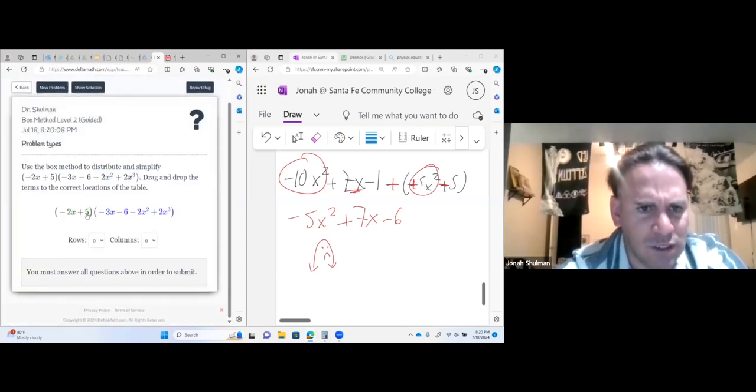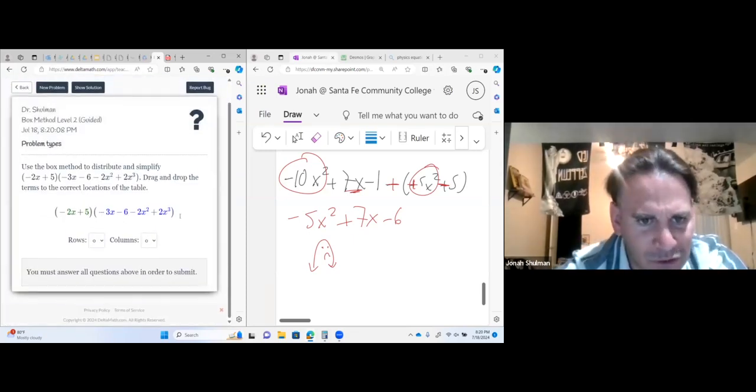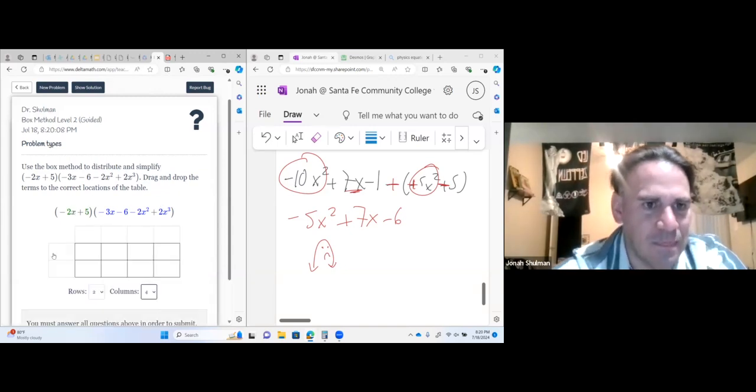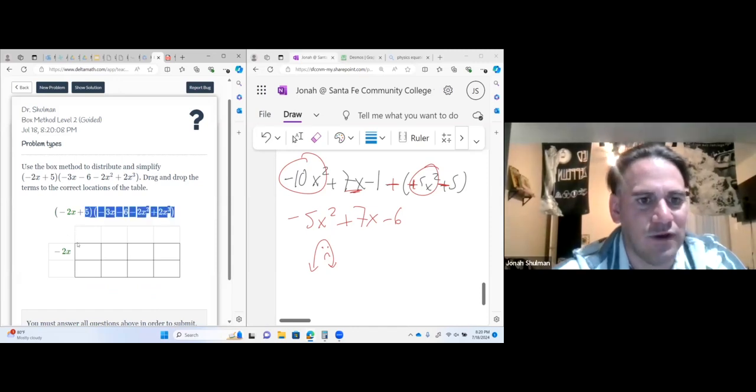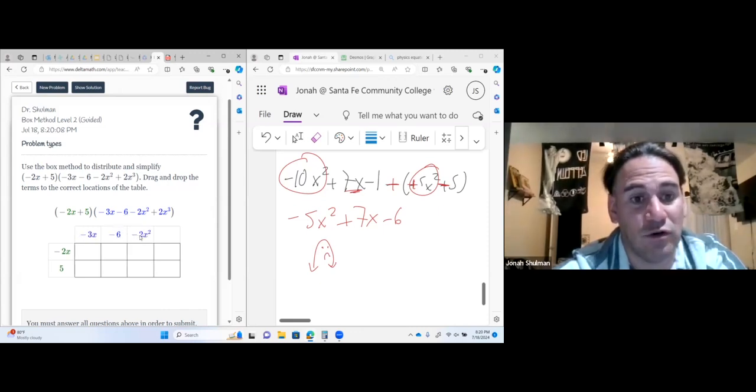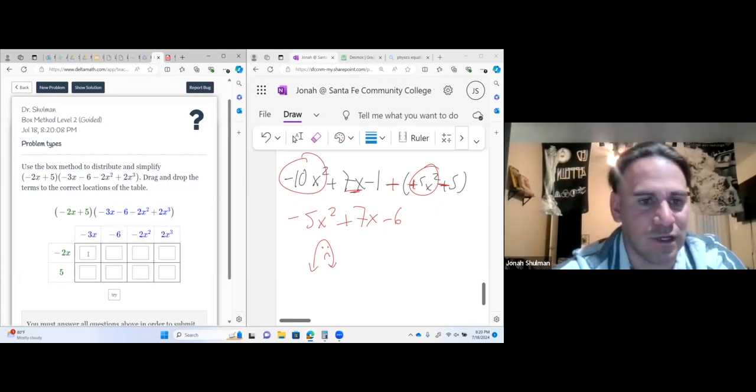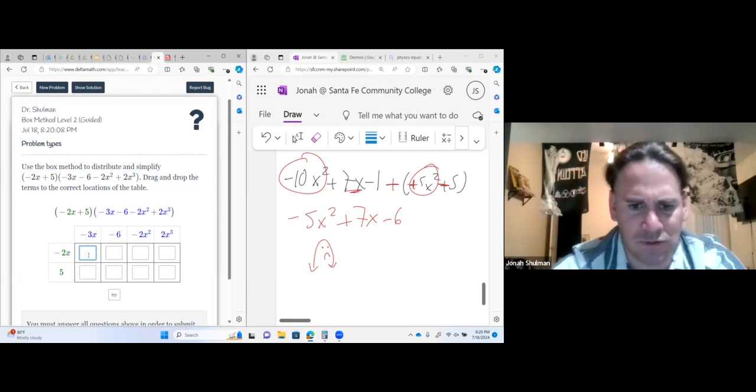I have 2 and 1, 2, 3, 4. So I'm going with 2 rows and 4 columns. Why not? Here's the 2, here's the 5. Let's drop in all of our friends. I usually like going in order from biggest to smallest, but it's okay. 2 negatives, so this is going to be a positive 6x.